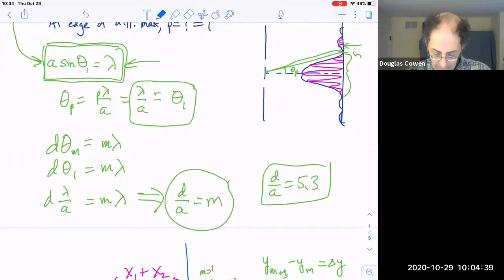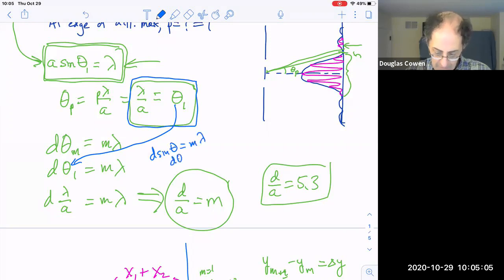So if you do that, basically we have that theta p is equal to lambda over a. That's what I just wrote before. And so we put that theta into this expression here, which we got from d sine theta equals m lambda, and we just simplified that to d theta equals m lambda.